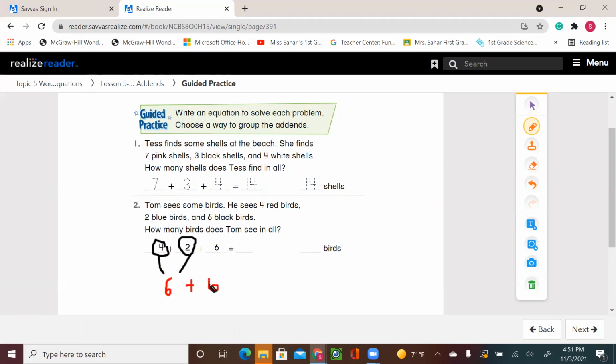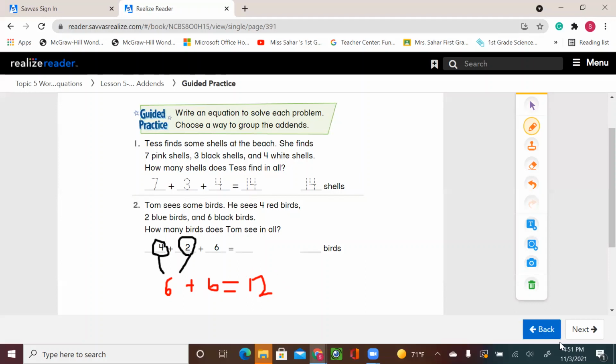So that's easy for me. Double 6. I know double 6 equals 12. Or I can use a different way. I can just add 4 and 6. That's 10. So I make 10. And then I add my third addend. But always my sum or my total will remain the same, 12.